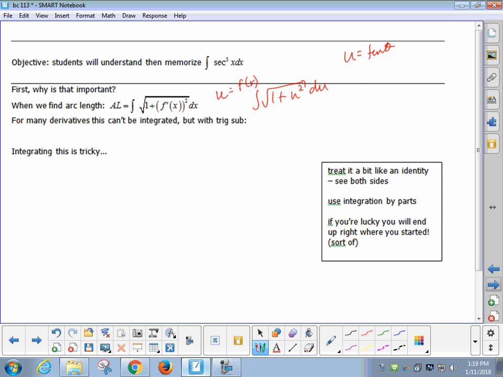Tangent. What's du? Secant squared. So you would get 1 plus tangent squared in the root, secant squared. And so you'll get secant cubed anytime you do an arc length problem. It's not super duper clean and manufactured. So secant cubed is a big idea, although it seems kind of arbitrary. It comes out as a big idea.